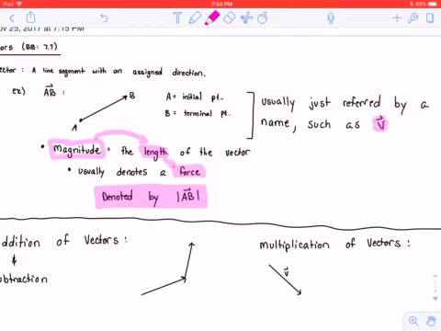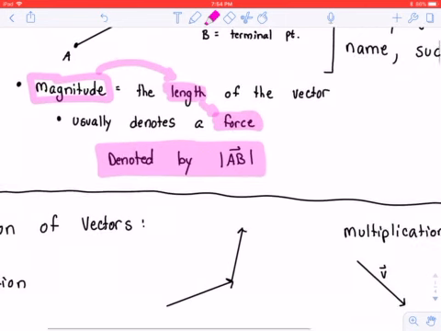The shorter the vector, the less force that's being applied. I will show you why it is what it is in a second, but the notation for magnitude is going to be this absolute value symbol. That is an absolute value, and there's a reason why we use that. I'll get to that in this video.